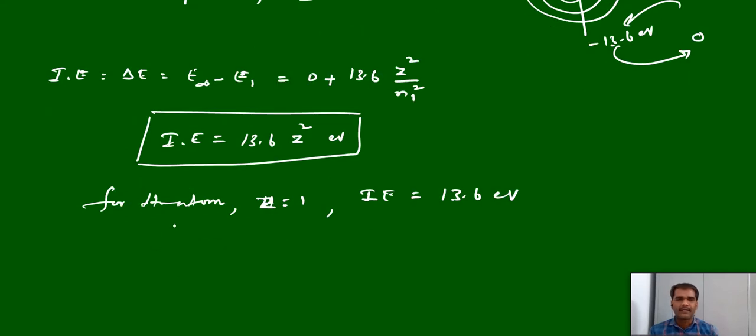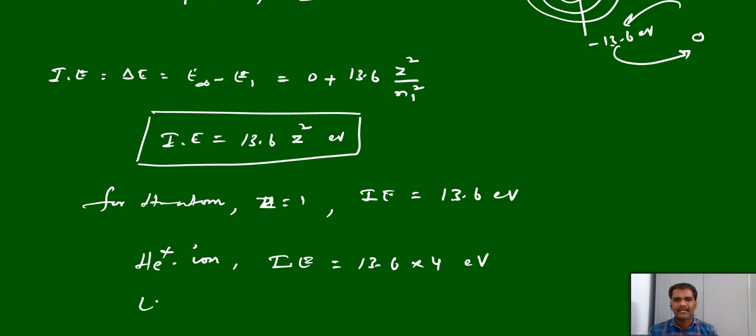Similarly, for hydrogen-like species, single electronic systems, like helium plus ion. What is the ionization energy of helium plus ion? If I ask this question, then the answer is 13.6. In case of helium ion, atomic number is 2. So Z square means 4. 13.6 into 4 electron volts.